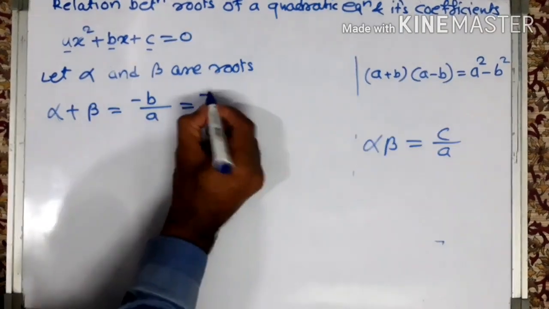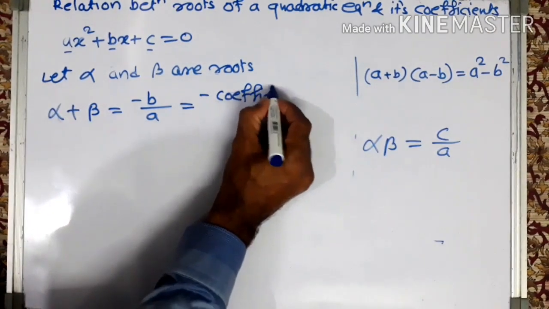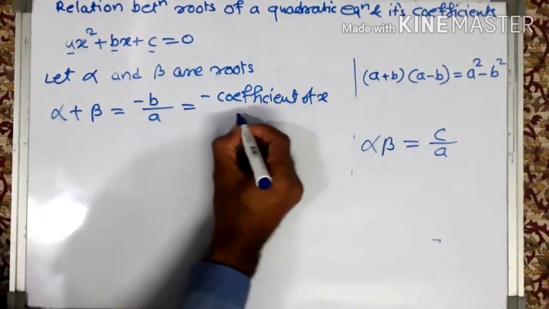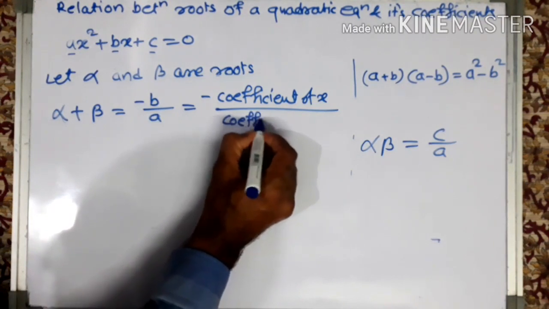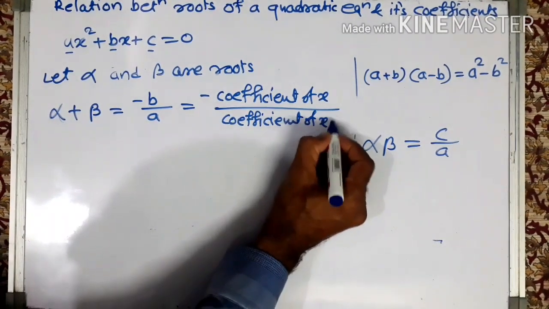That means minus coefficient of x upon coefficient of x square.